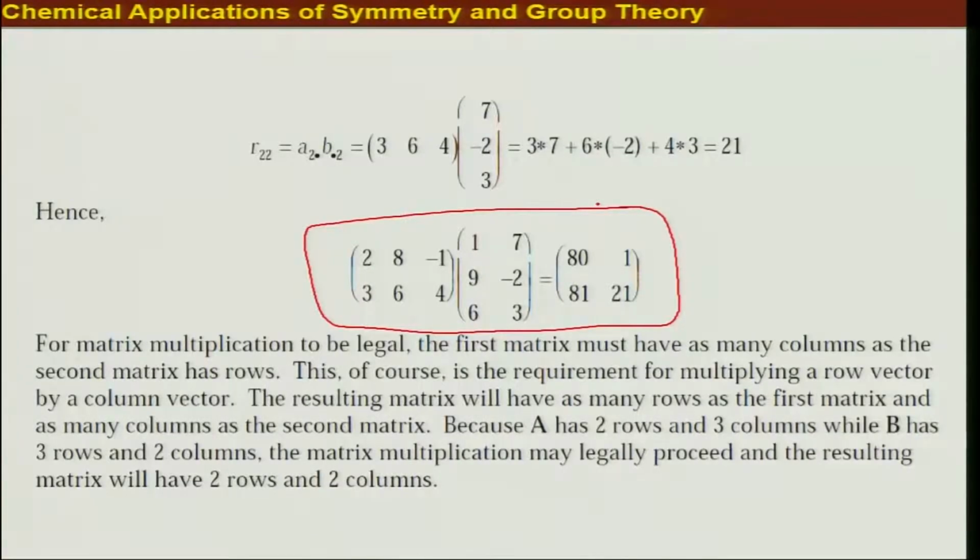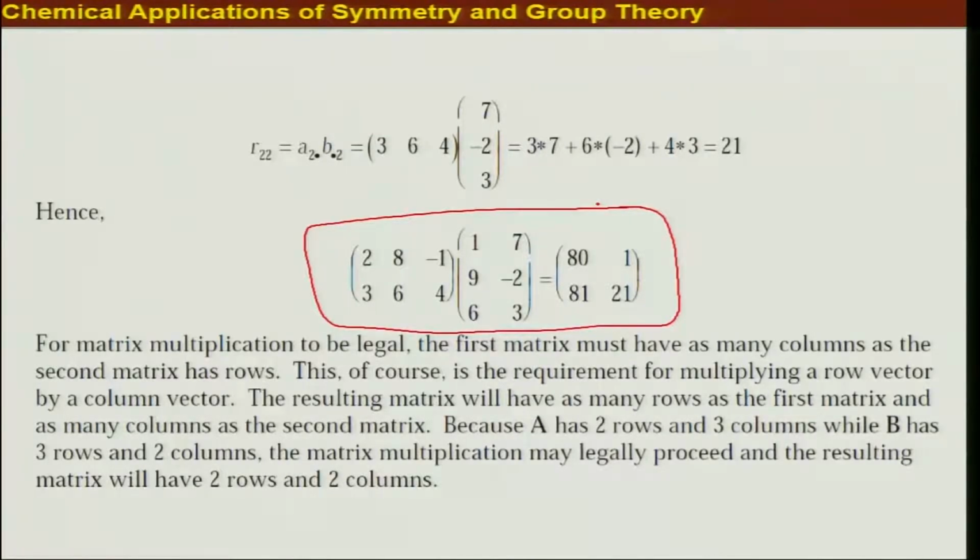Now this is interesting, right? You had a matrix with 2 rows and 3 columns, which multiplies with the matrix having 3 rows and 2 columns, and then the product is a 2 by 2 matrix, having 2 rows and 2 columns.